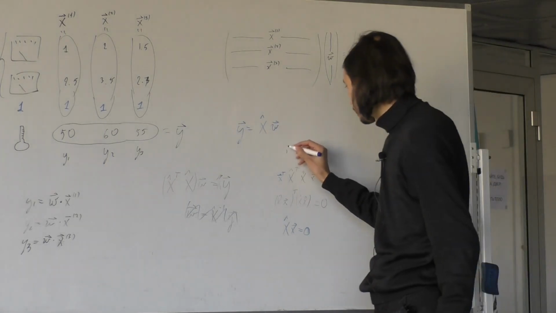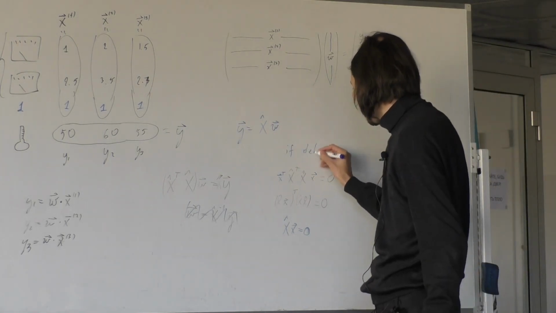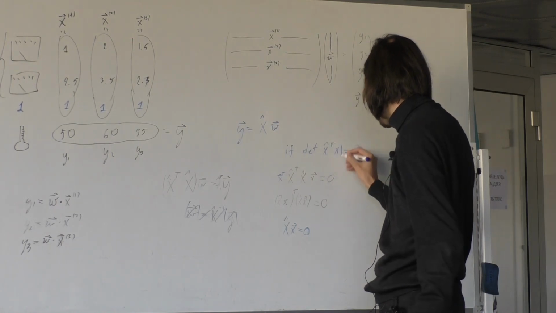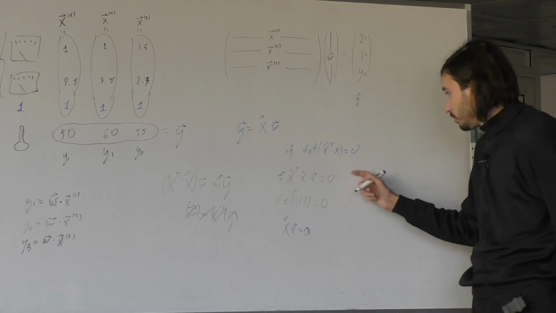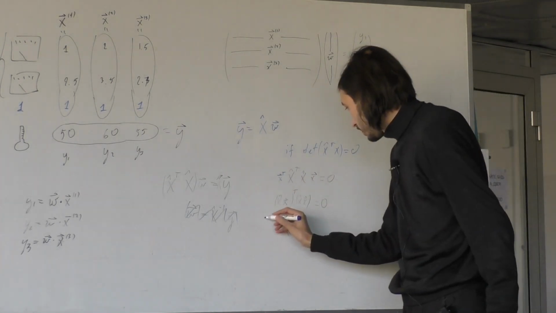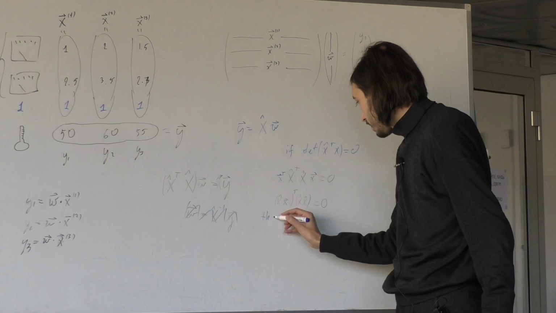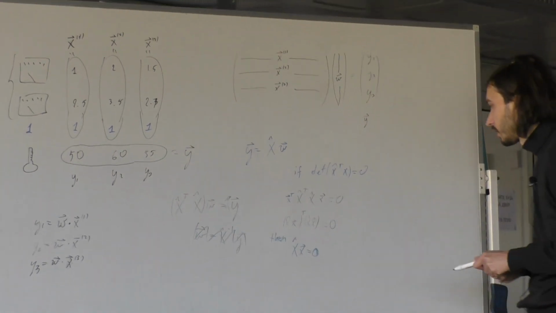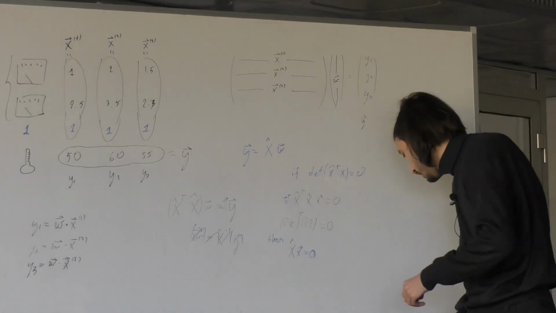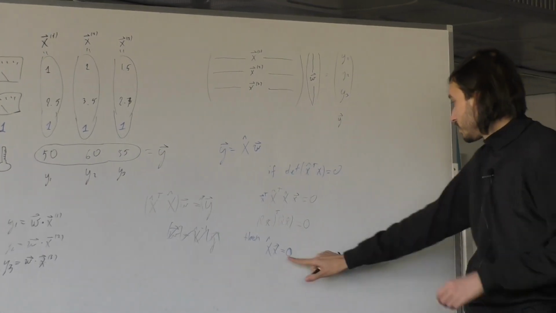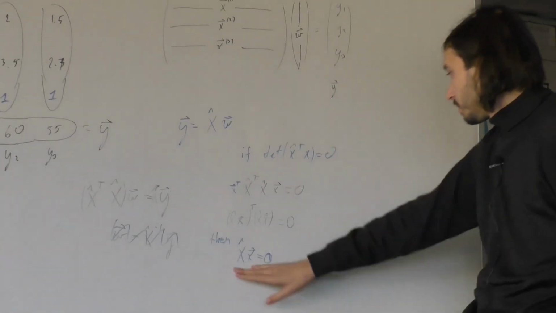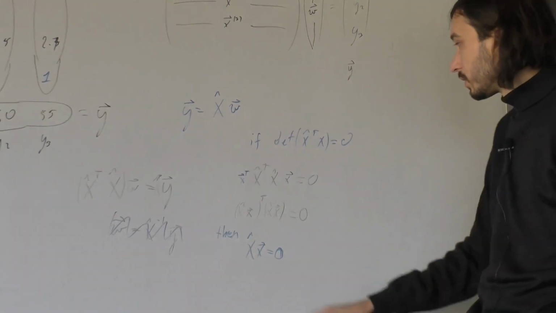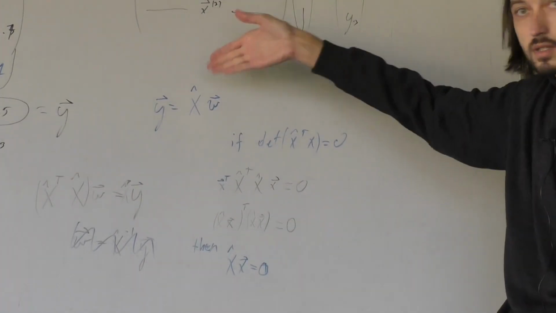So if the determinant of X transpose X equals 0, you can show that X times some x is equal to 0 as well. And this may be the case only if you have some linearly dependent columns in your X matrix.